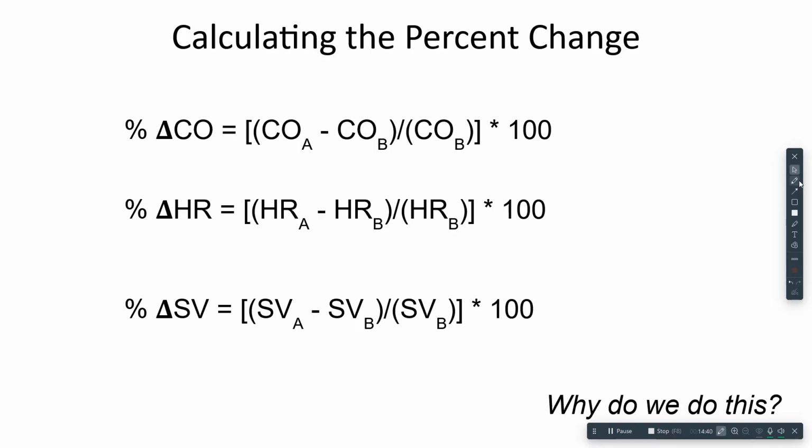So it's basically like we're taking the change in cardiac output and dividing it by the original. So I'm figuring out what percentage of the original the change was. And we'll times it by 100. And this lets us know how significant the change was.